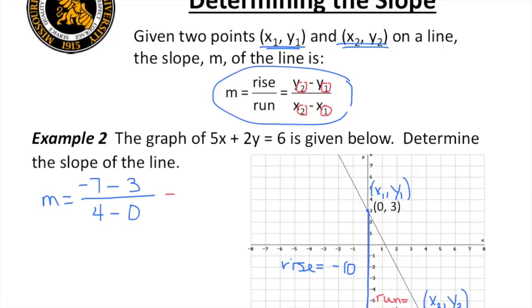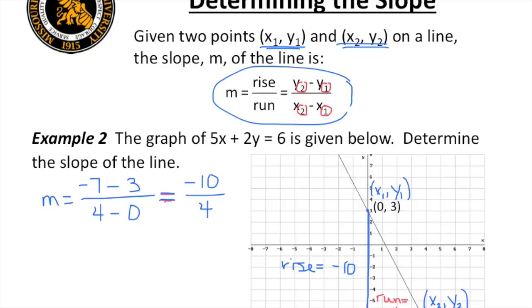You don't want to mix the order in which you subtract. So when we do the arithmetic now, -7 minus 3 gives us -10. 4 minus 0 gives us 4. And notice that's exactly the same numbers that we obtained from our graph when we looked at the rise and the run.